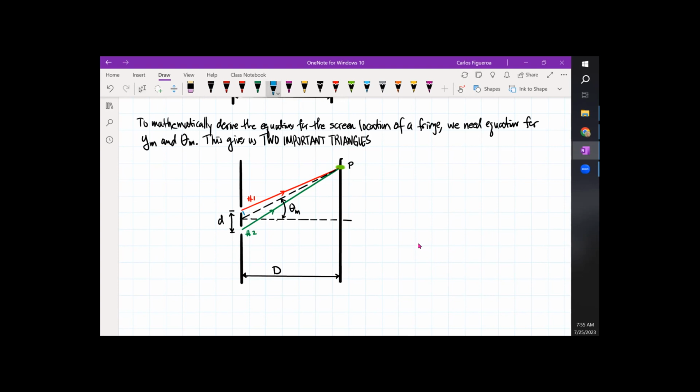So this guy right here is a perpendicular line. Now, I know that the green is number 2, and I know that the red is number 1. The first thing we want to do here is that this forms our first triangle right here. Our second triangle is going to be this triangle that defines that angle theta m.